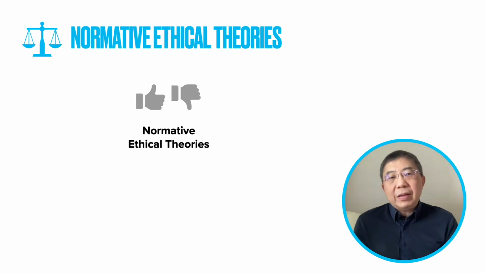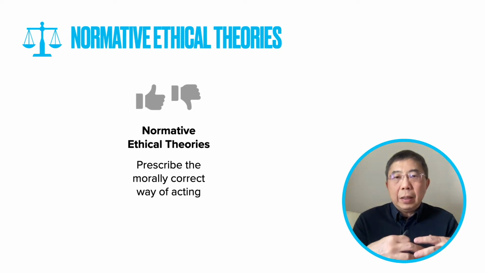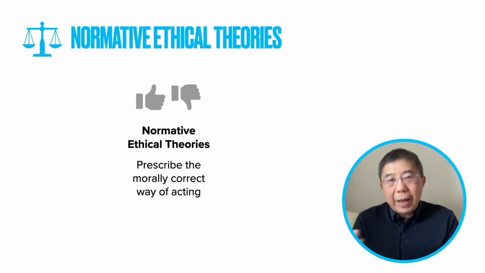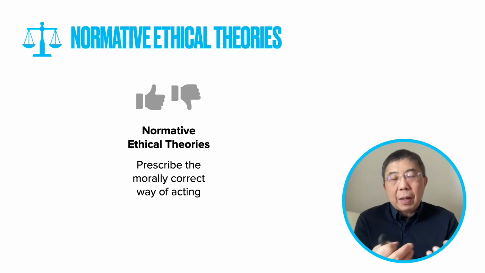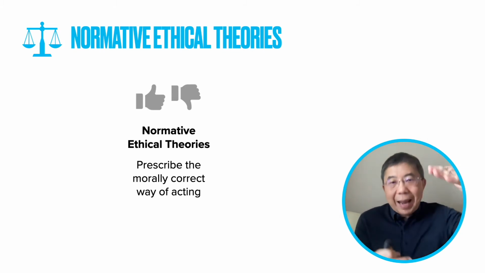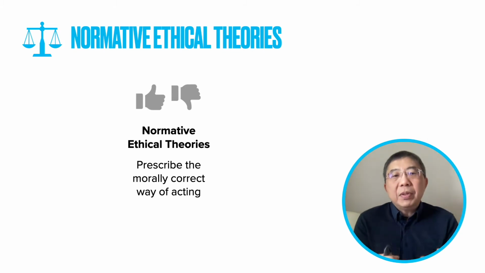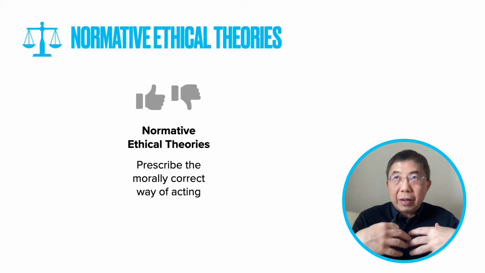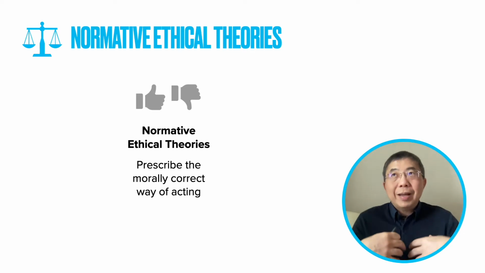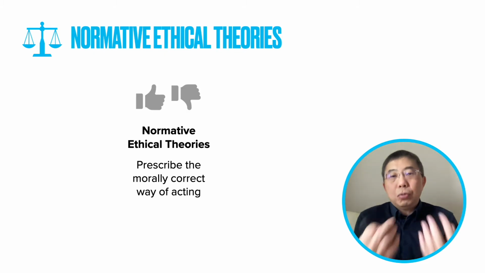So normative ethical theories are theories that explain or prescribe what is the right moral behavior for businesses or for anyone. Normative comes from the word norm, which is a standard of behavior. So normative ethical theories prescribe to us, tell us how to behave.